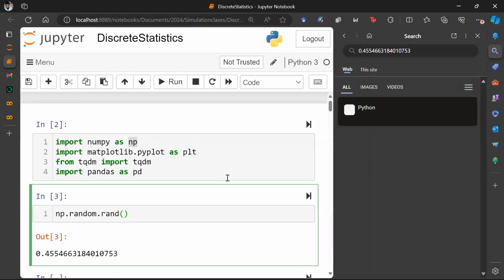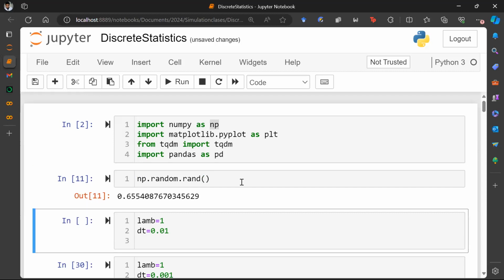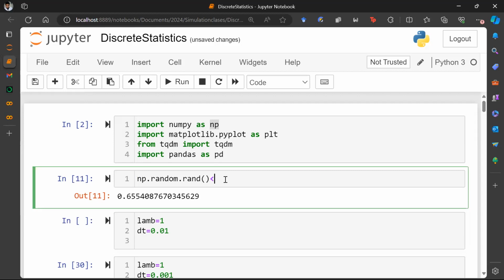So every time you call it, you're gonna get a number between 0 and 1. And you generate a process with a given probability if this number is less than your probability.